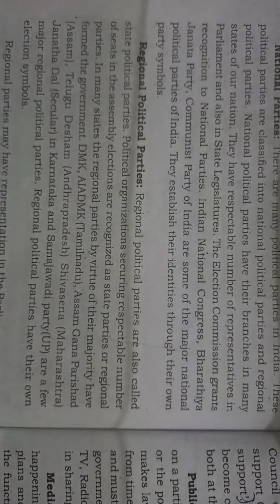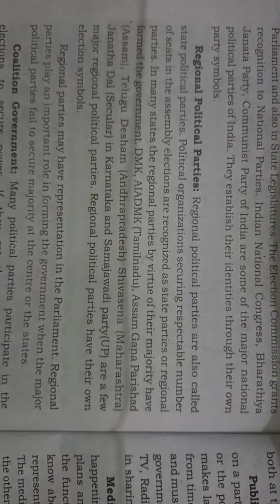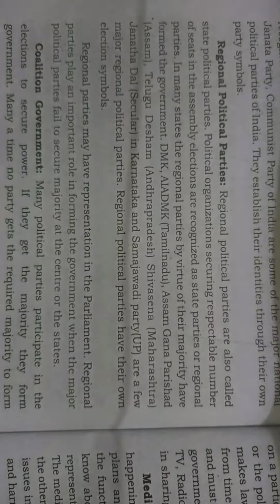Then we have the regional political parties. Regional political parties are also called state political parties. These have a respectable number of seats in assembly elections and are recognized as state parties or regional parties. In many states, the regional parties, by virtue of their majority, have formed the government.